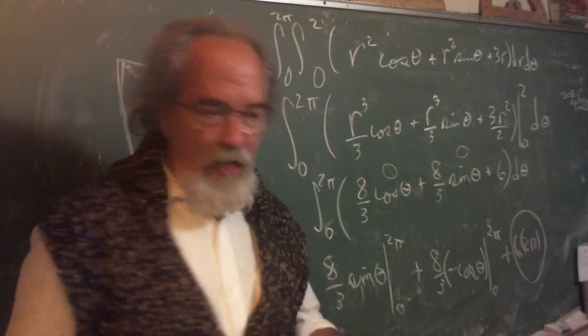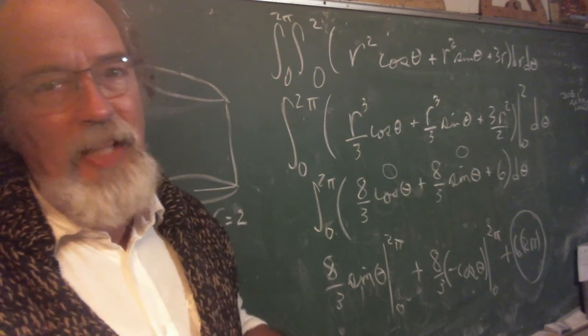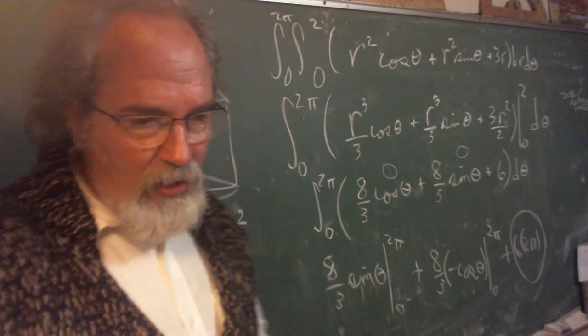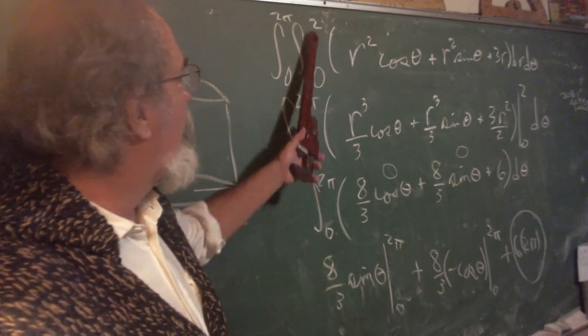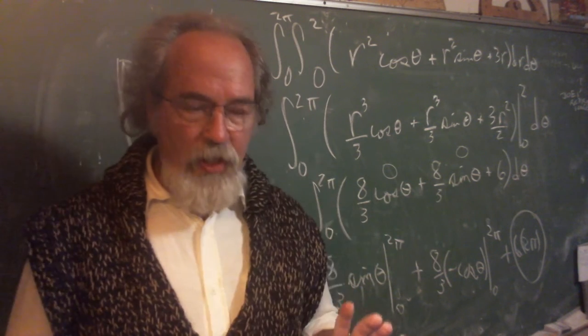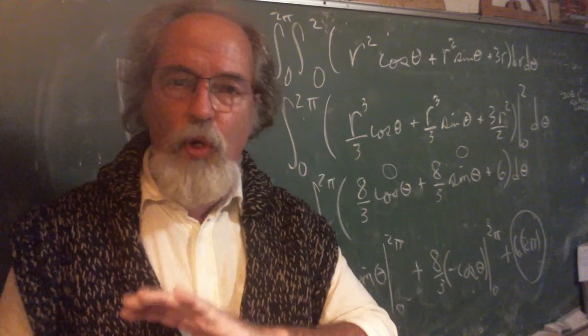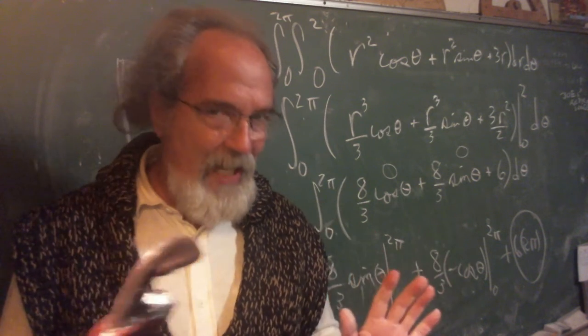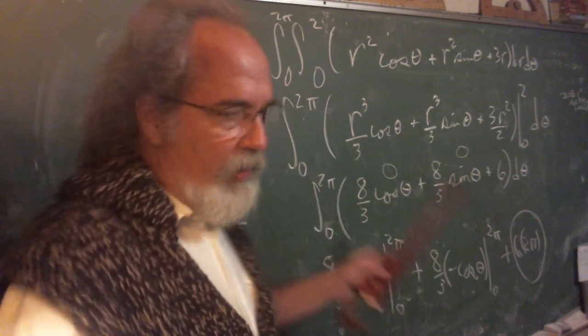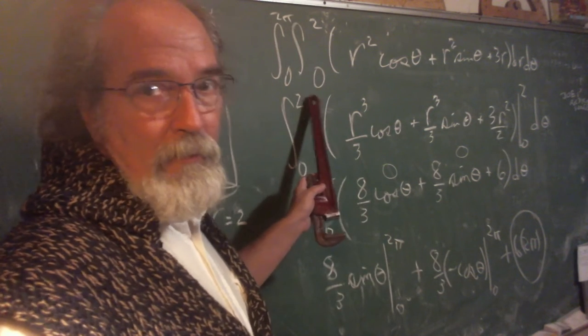Hope you dig it. So with polar, you're going to do dr d theta 95% of the time. Once in a while, you might turn it around to d theta dr. The thing that's interesting to look at is the limits of integration. 0 to 2, 0 to 2 pi. If you just look at that integral without any picture of what it stands for, just take r and theta as variables, this is a rectangular domain.